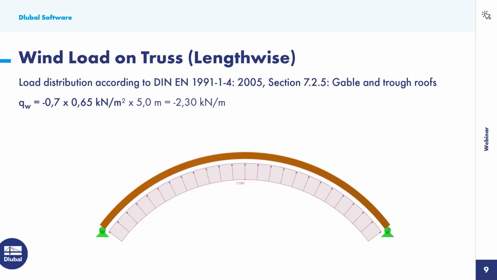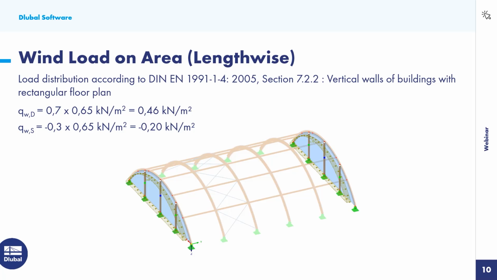Just like we saw it for the other type of the wind, we also need to look here at the wind load on the area in Y direction, which would be according to DIN 1991-1-4, section 7.2.2 for vertical walls of buildings with rectangular floor plan.